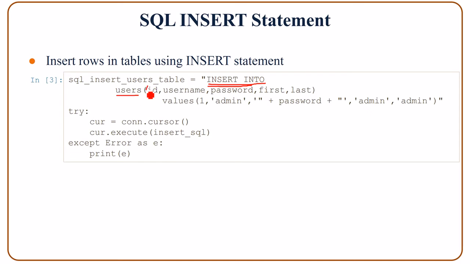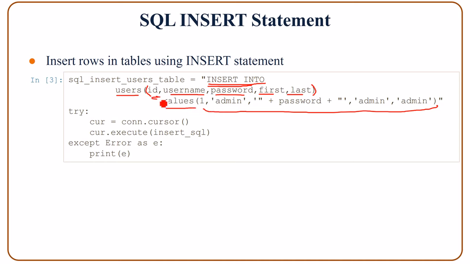After the table name, we have a list of fields such as ID, username, password, first and last, and then after the keyword VALUES, we give it the values for the corresponding fields.